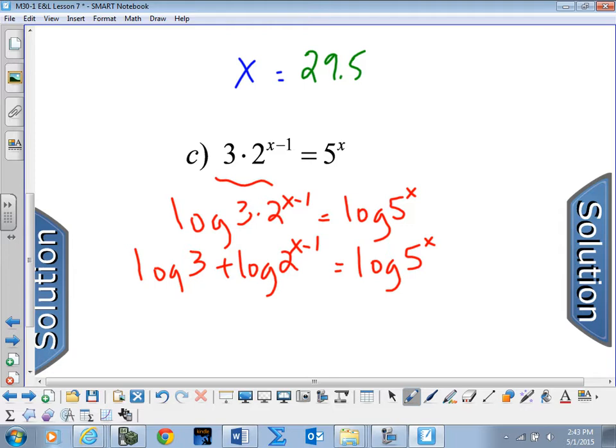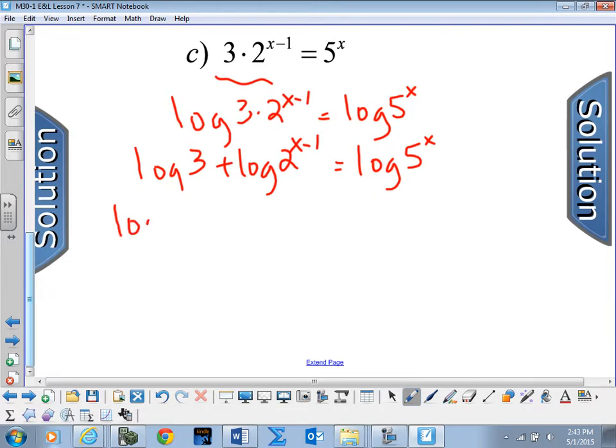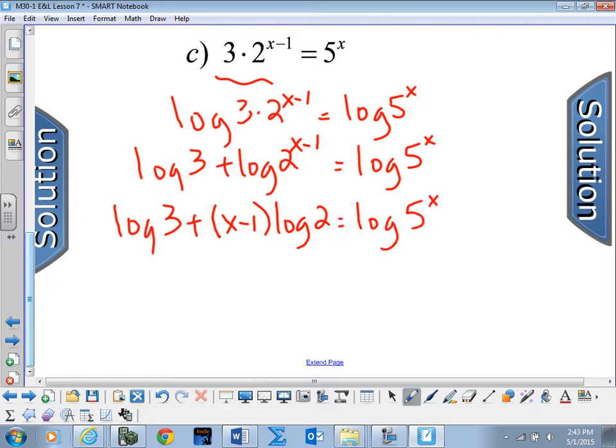Now we need to isolate x. We have an x on both left and right side. And this is what it looks like. Same as last time, we have a binomial exponent that gets moved to the front.